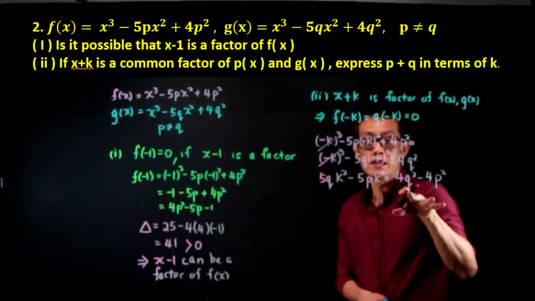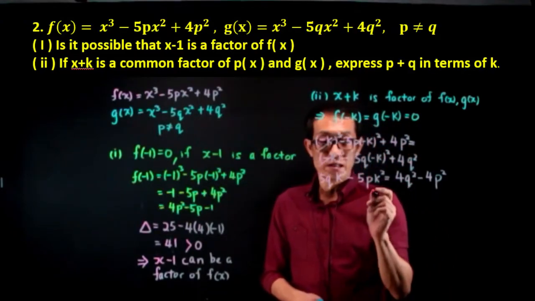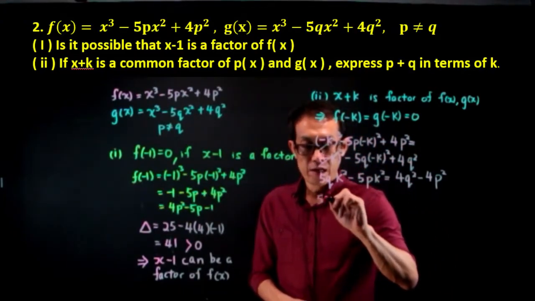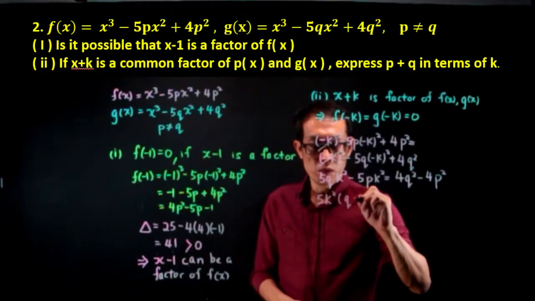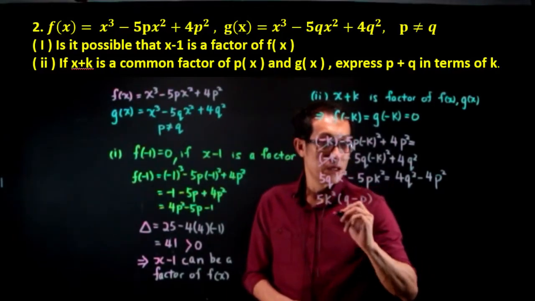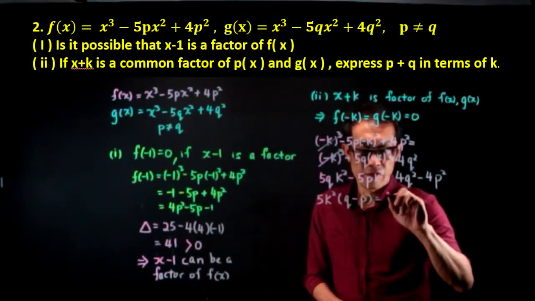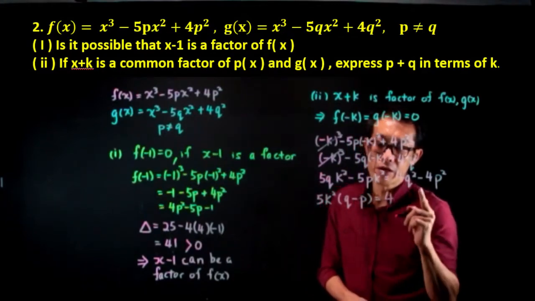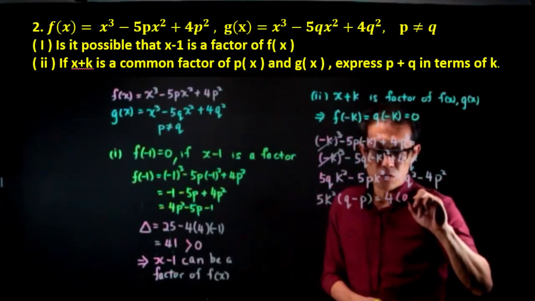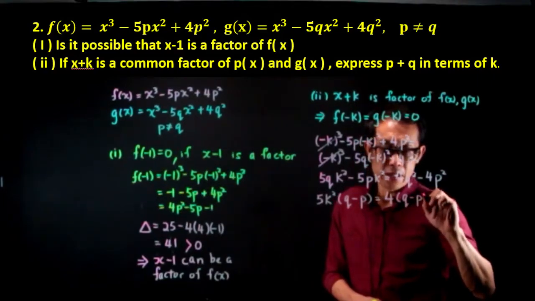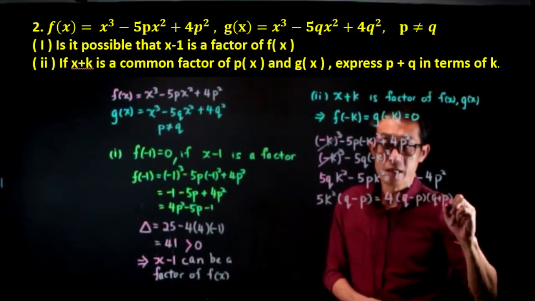They have something in common here. Now let me factorize and you will be able to see. Take out your 5 and your k squared. Here you have q minus p. And here, now you take out the 4. Then you are left with q squared minus p squared. And that can be further factorized into q minus p times q plus p.